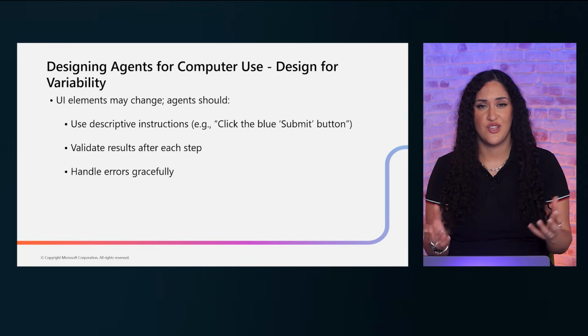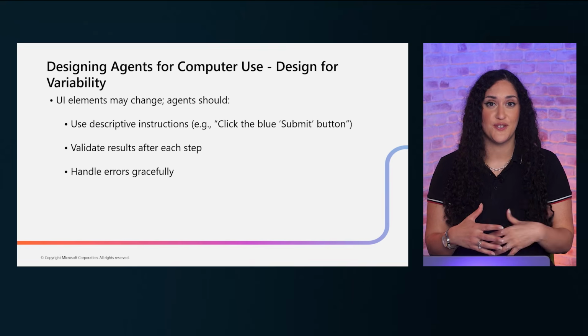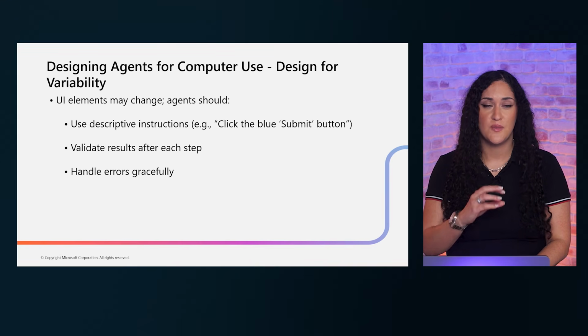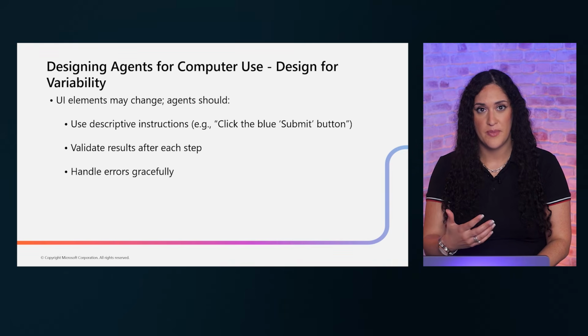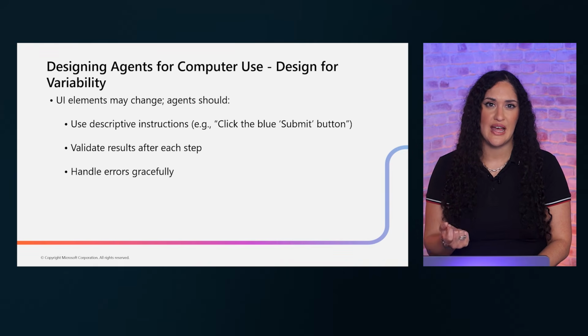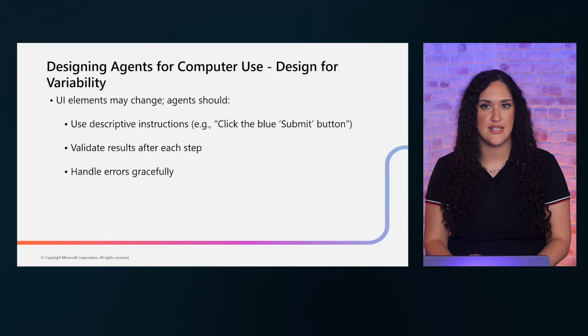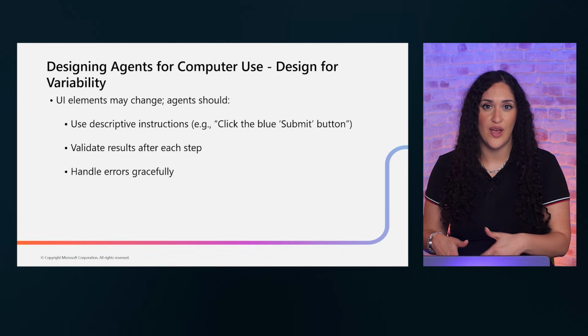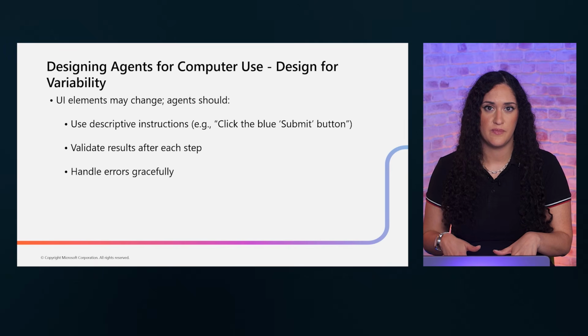UI elements change, buttons move, labels get updated, pages get redesigned. Your agents must be designed for this variability. Use descriptive instructions that reference visual characteristics, not just positions. Have the agent validate results after each step and design graceful error handling for when things do not match expectations.